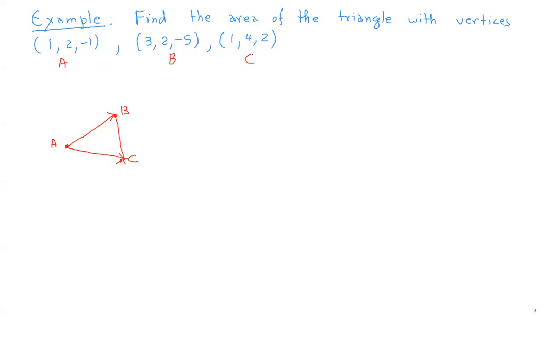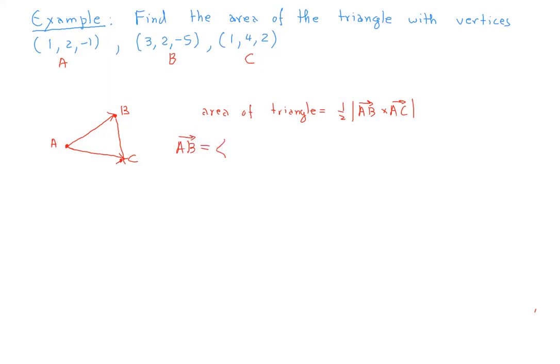So the area of the triangle is going to be 1/2 of the magnitude of AB cross AC. Let's see what it is. What is the vector AB?